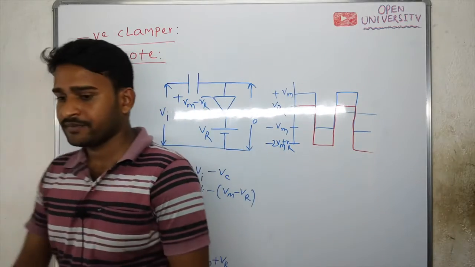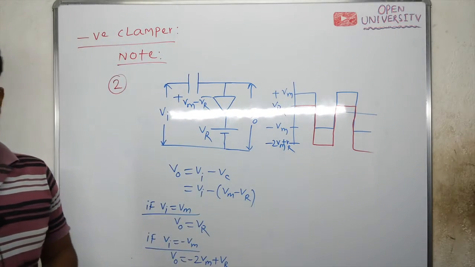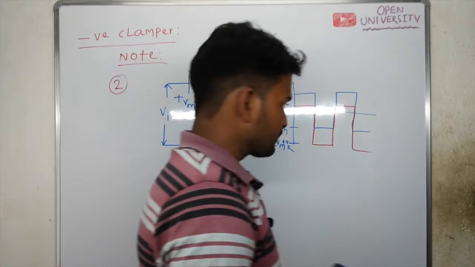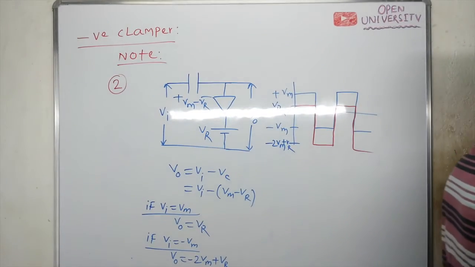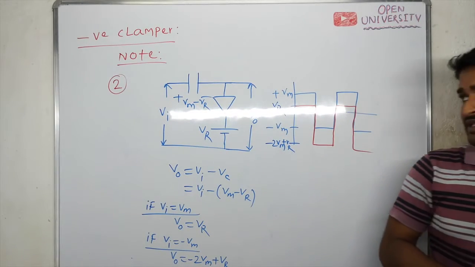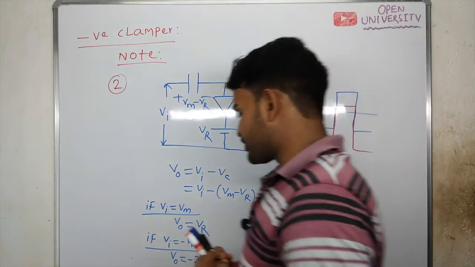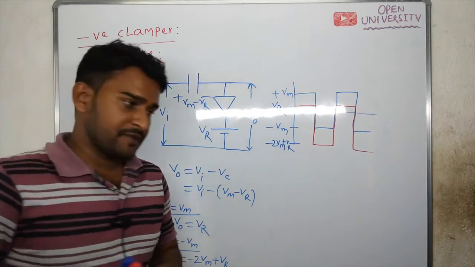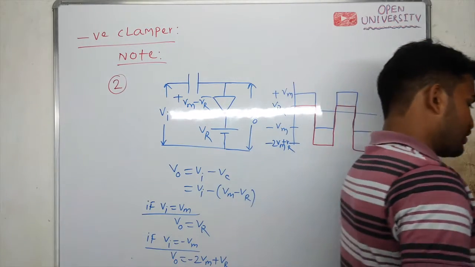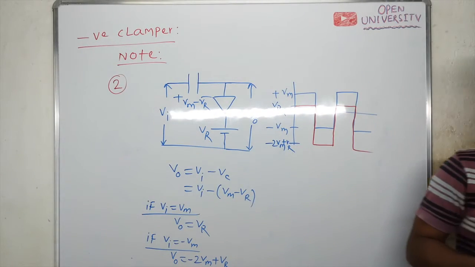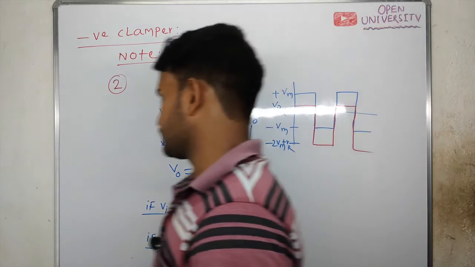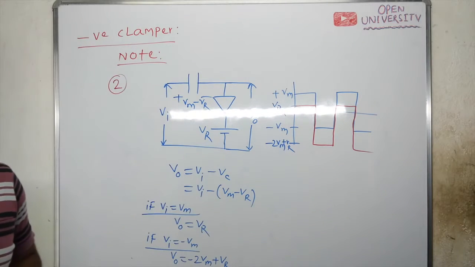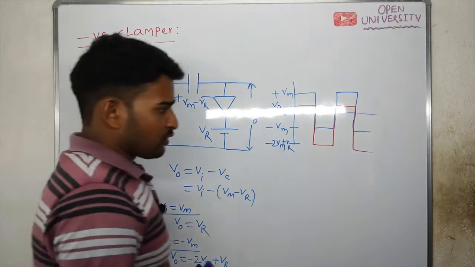Write down this point: a negative clamper clamps the positive peak of the output to the reference voltage. Okay, write down one question.